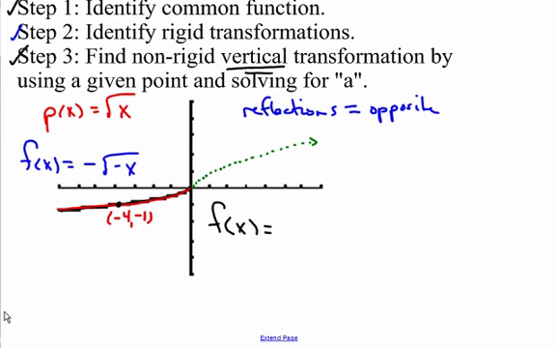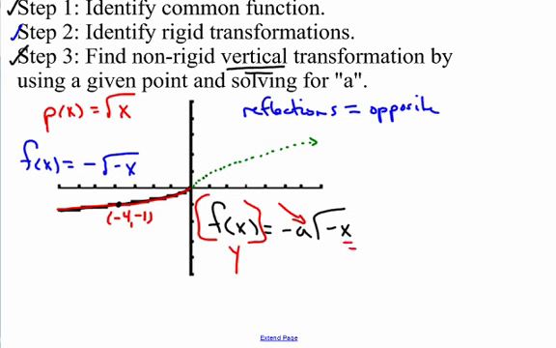Now, how do we do that? Well, first off, we have to identify that there is an a value, a being the amplitude and the multiplier to our f of x or to our y values. We're then going to plug in our other transformations into that function. And from here, we want to solve for a. Now, in order to solve for a, we need to eliminate f of x, which we know is equal to y, and we also need to eliminate x.